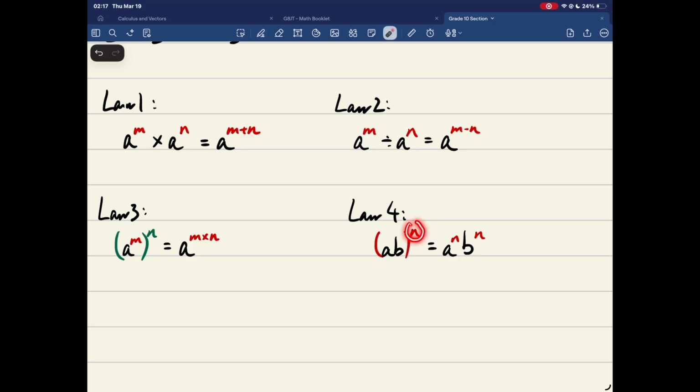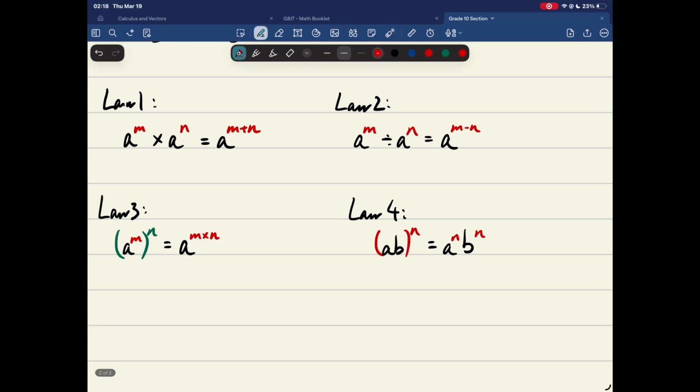So you can just imagine bringing this power and multiplying it to every single thing in the bracket.